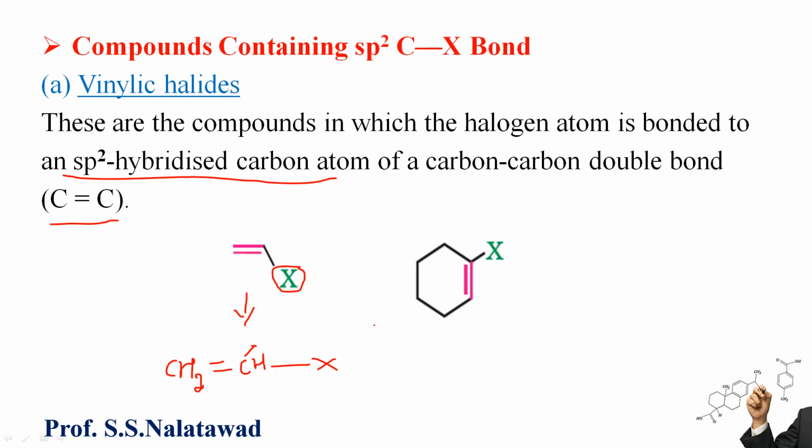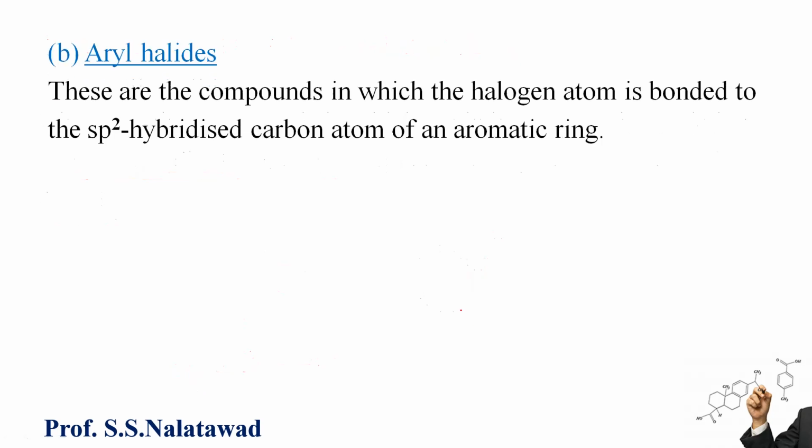Next example, in cyclohexene, here halogen is attached to the sp2 hybridized carbon atom, which is doubly bonded carbon-carbon. So it is also vinylic halide. And next type is aryl halide.